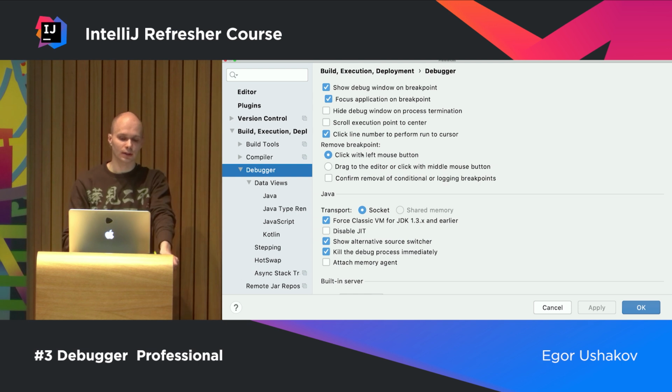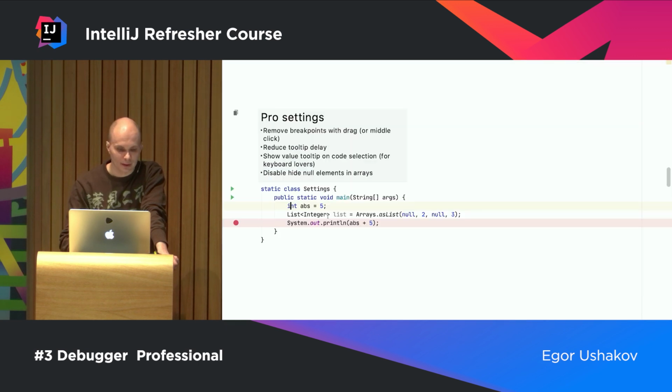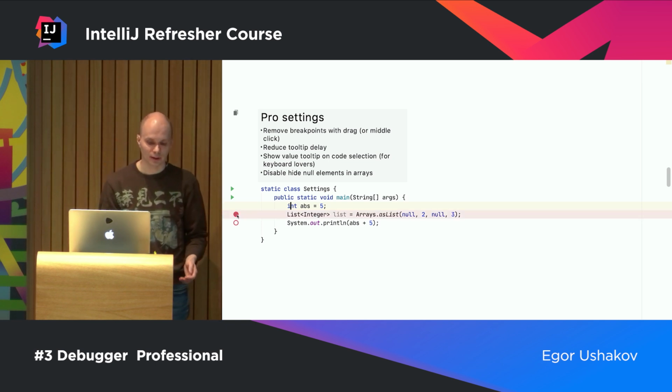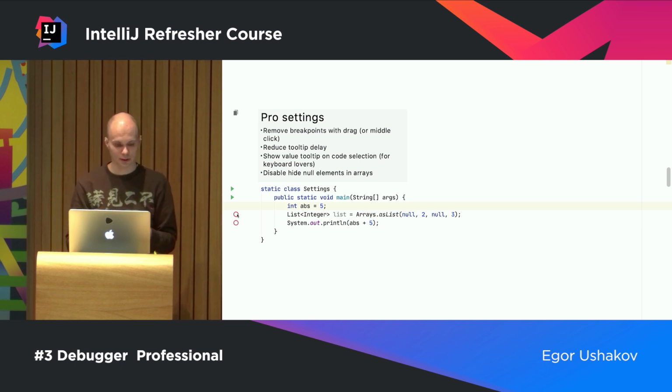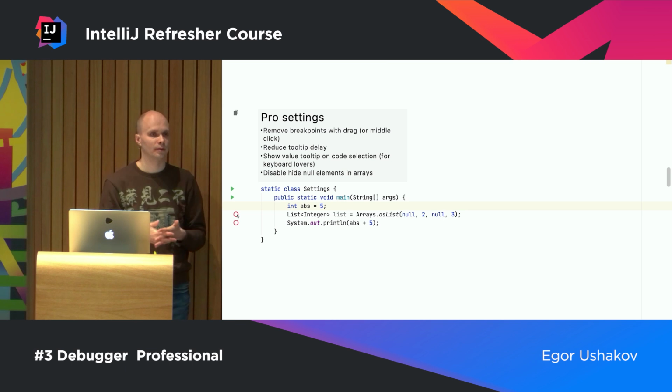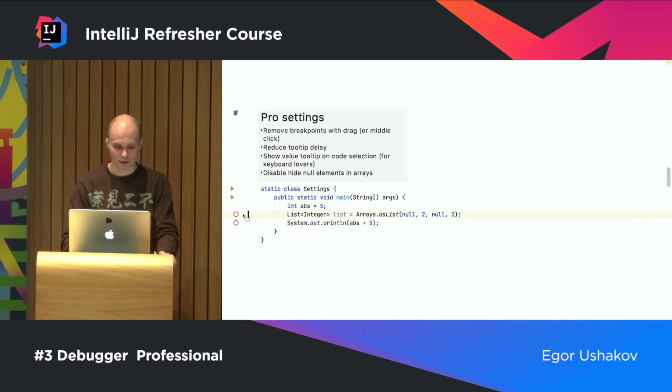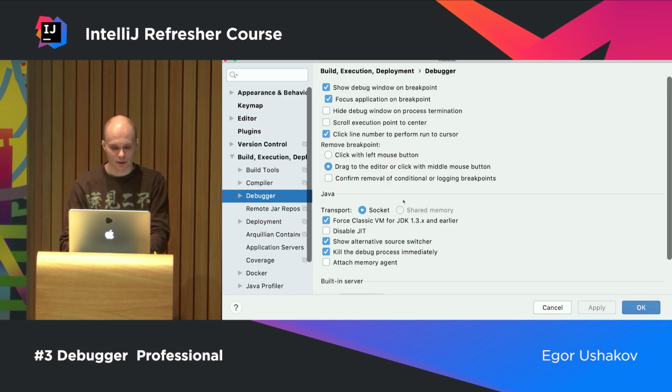So by default, you click, and also you can drag or click with the middle mouse button. I usually use this just because I tend to delete breakpoints a lot and I don't want to restore them. So on the first click, I create a breakpoint. On the second click, I disable the breakpoint. So if I want to get back to that breakpoint, I enable it again, and so on. So no more deletion by click. And to delete it, I either click it with the middle mouse button or drag it to the editor. This is, for me, much more useful.